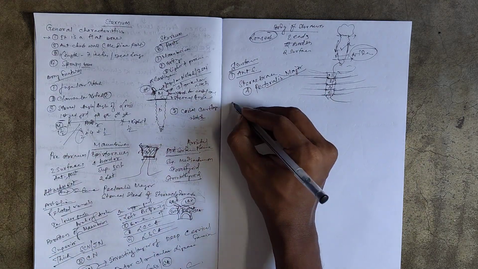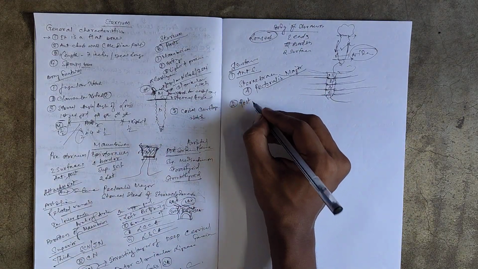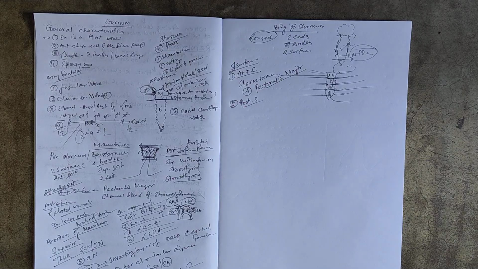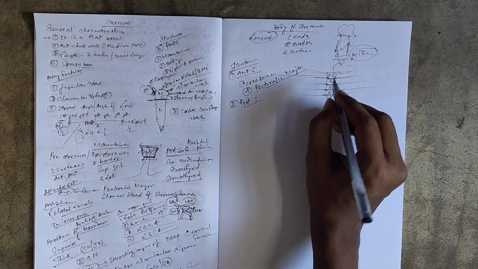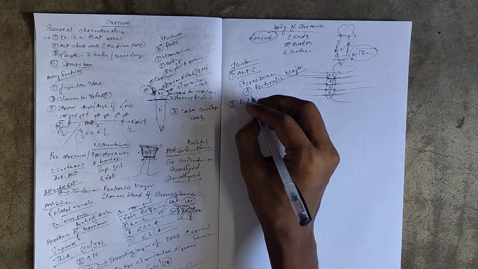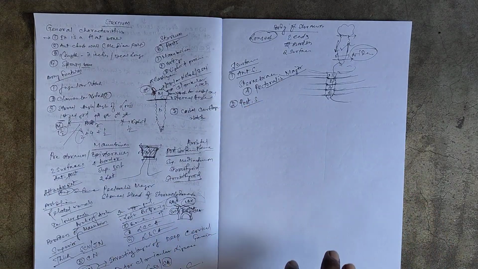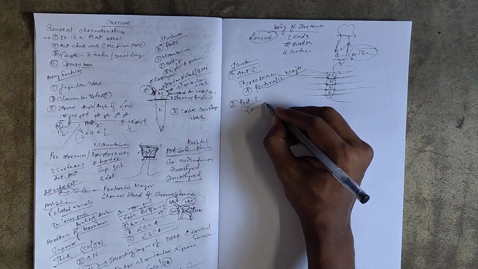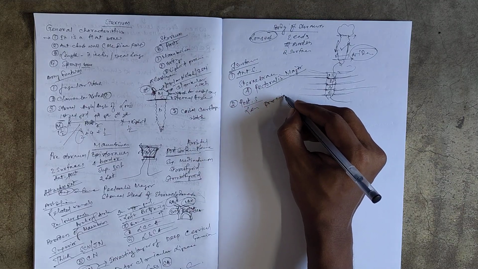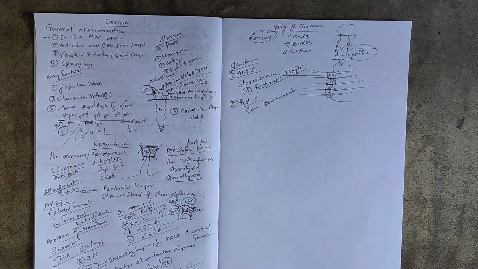Now posterior surface. The transverse ridges which are very prominent in the anterior surface, you cannot find as prominently in the posterior surface; they are less prominent here. So it helps you to determine which surface is anterior and which is posterior.